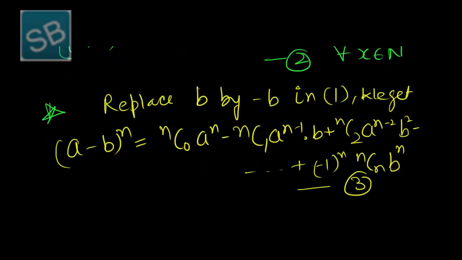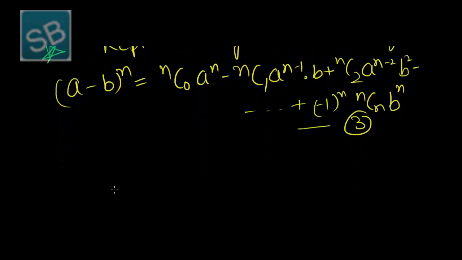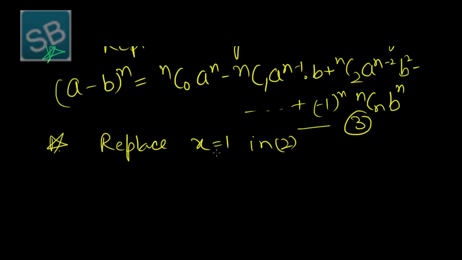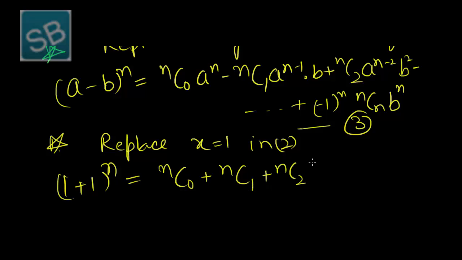So the next one, these are the corollaries. Replace x = 1 in number 2, that is getting from the binomial expansion by changing a = 1 and b = x. So we get (1 + 1)^n = nC0 + nC1 + nC2 and so on up to nCn, since 1 raised to any power is 1.